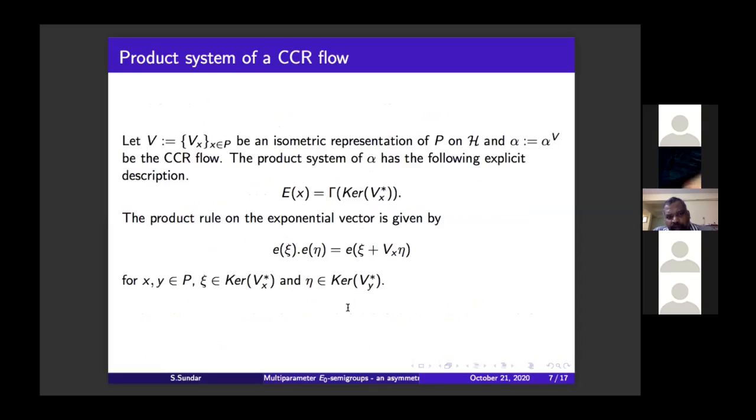If you look at the product on the exponential vectors, because exponential vectors are total, it is enough to know what happens on the product of exponential vectors. It is given by exponential of psi times exponential of eta is exponential of psi plus Vx eta, for x, y in P, psi in kernel Vx star and eta in kernel Vy star. This is the product rule, the product structure of the product system associated to the CCR flow.